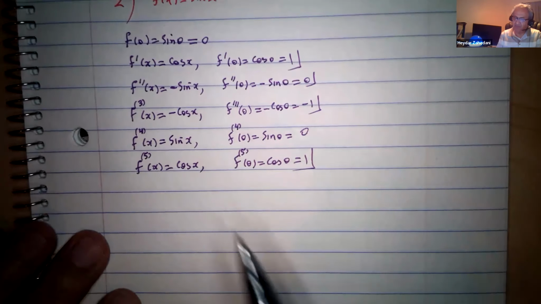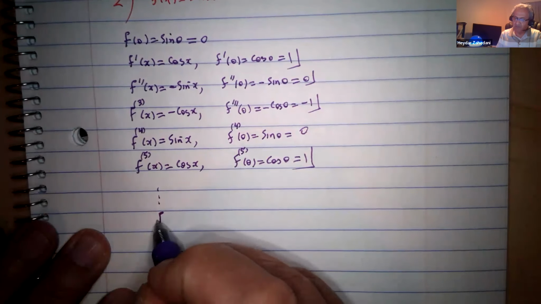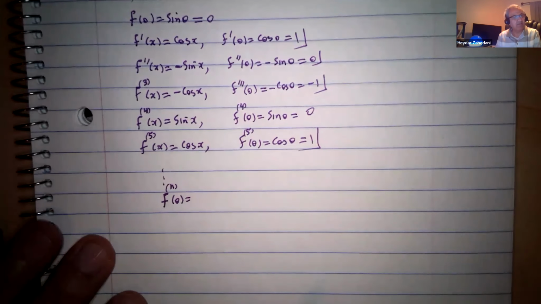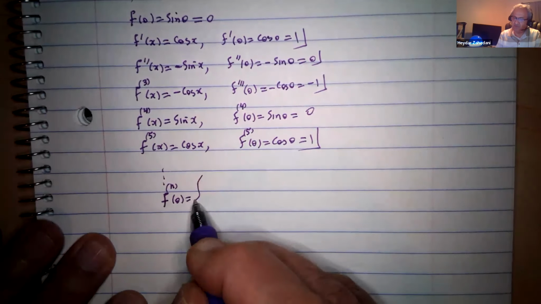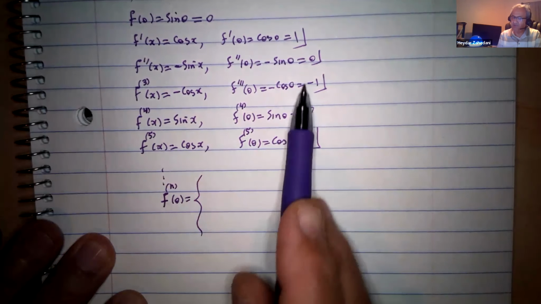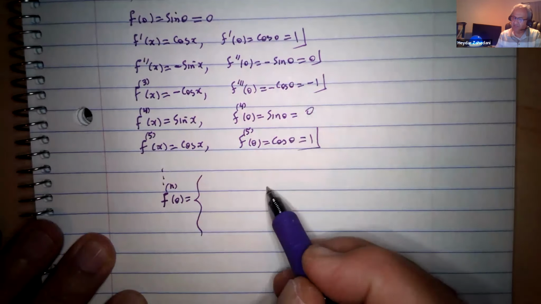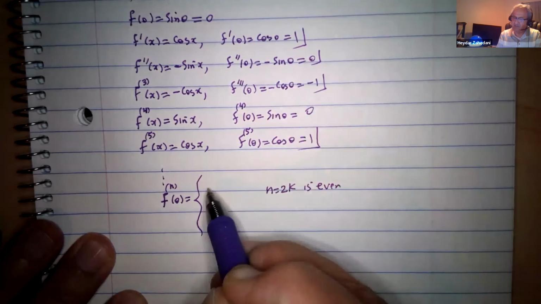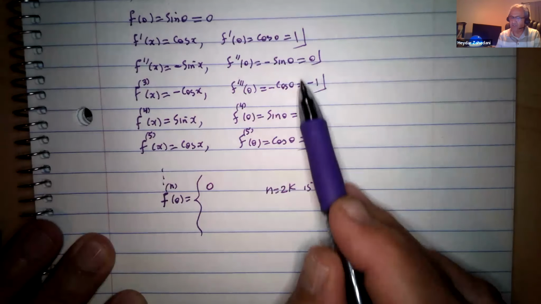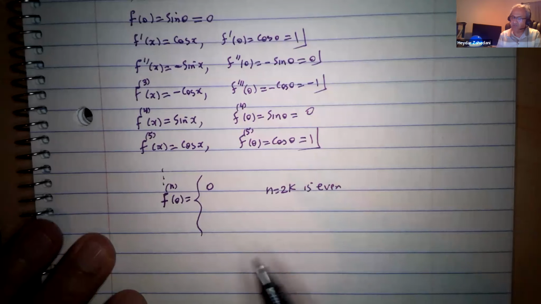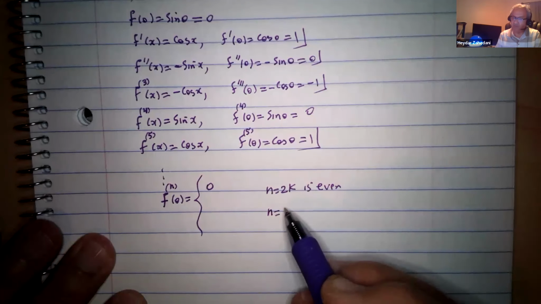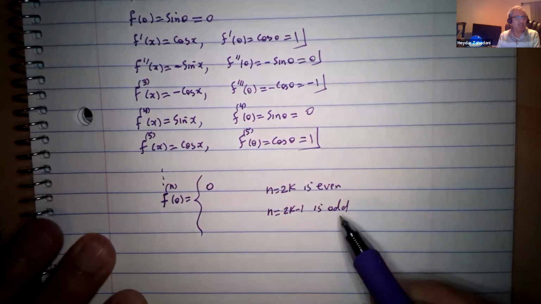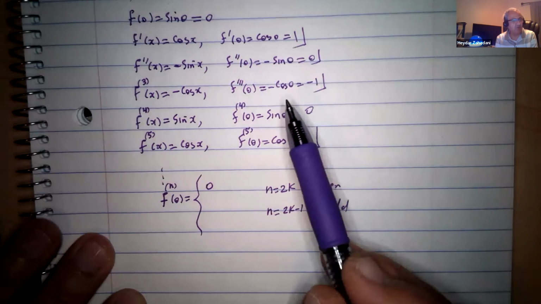So in general, if you like a formula, if you want to find the nth derivative at 0, it depends on which order you have. If n is even, equal to 2k, this coefficient is 0. But if it's odd, 2k minus 1, meaning the first, the third, the fifth, as you can see, it is either 1 or negative 1.